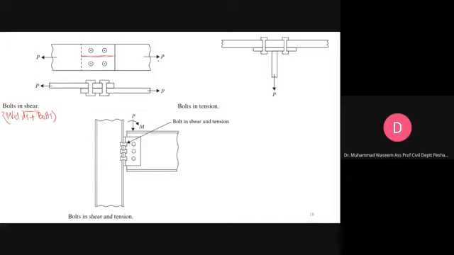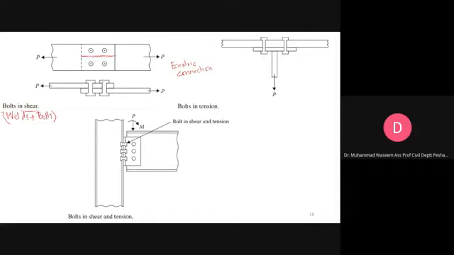If the resulting force is not passing through the centroid of the connection, then we call it an eccentric connection. Eccentric connections we will not discuss. They are not part of your course.